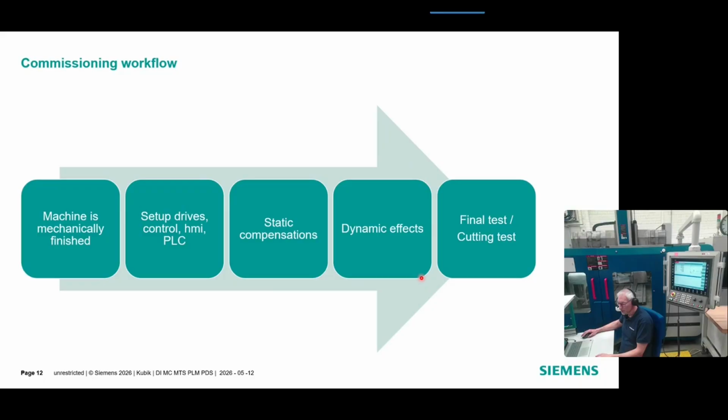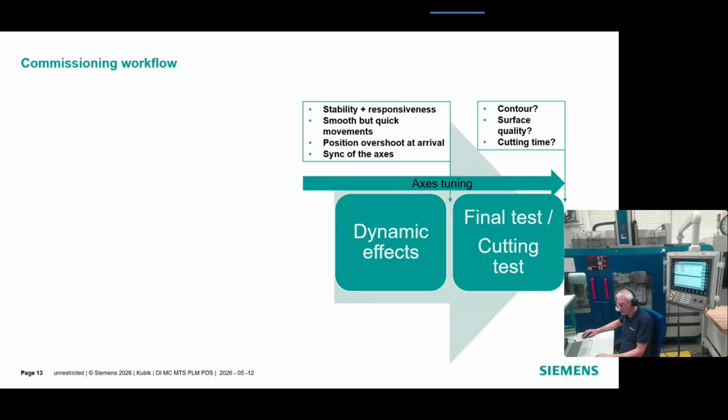So when we talk about these dynamic effects, then we talk about topics such as stability and responsiveness of my speed loop and position loop. You want to have a quick movement, but also smooth, and you don't want to see a big overshoot when arriving in the position. And finally, you want to do a contour.